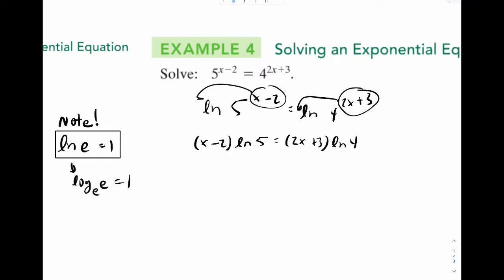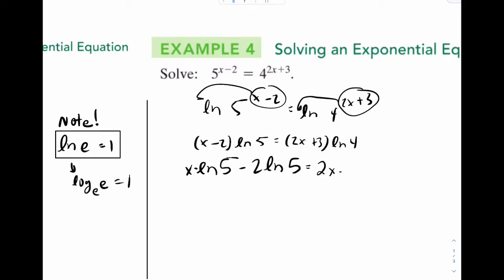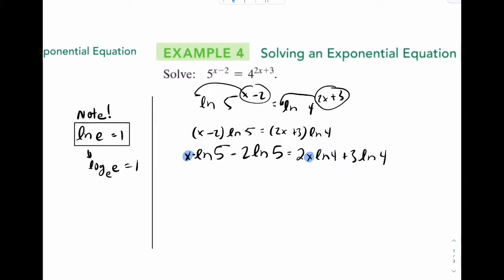Now we're going to distribute. So I'll try to make this as clean as I can. X times natural log 5 minus 2 natural log 5. That's 2x natural log 4 plus 3 natural log 4. Notice how I have x on both sides. So we do want to get those to the same side of the equation.